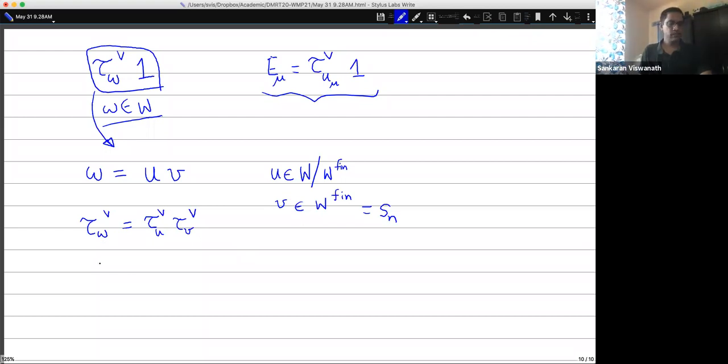Now, I can, if you want, write tau v check further as a product of finite tau checks, tau i1 check through tau ik check, where all these i's are between 1 and n minus 1. So the claim is, if you act any of these tau i checks on 1, you're just going to get a 0.